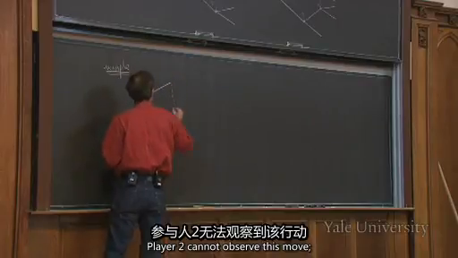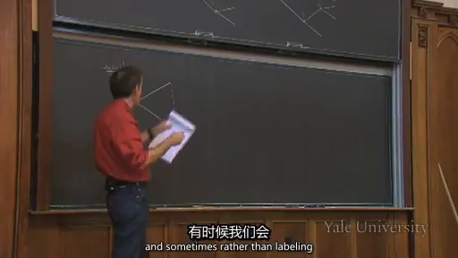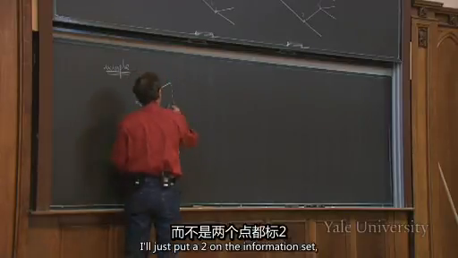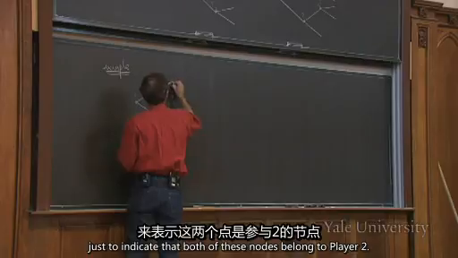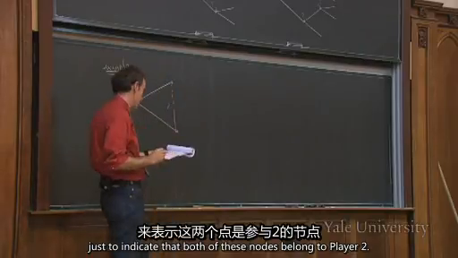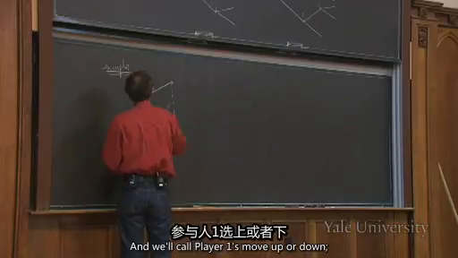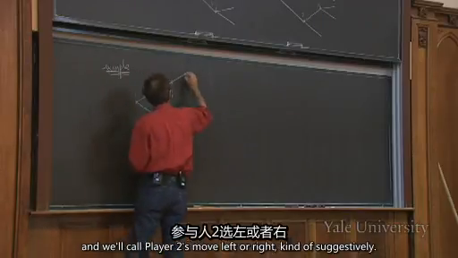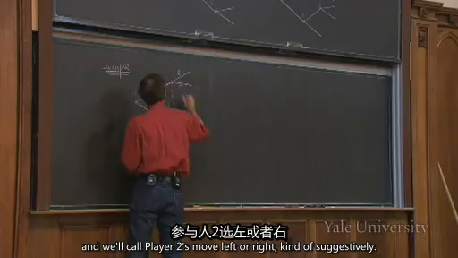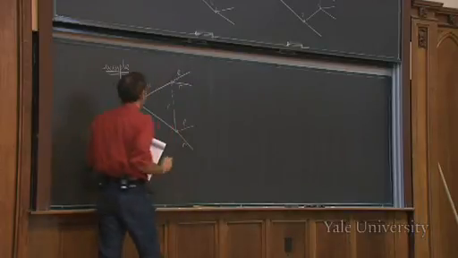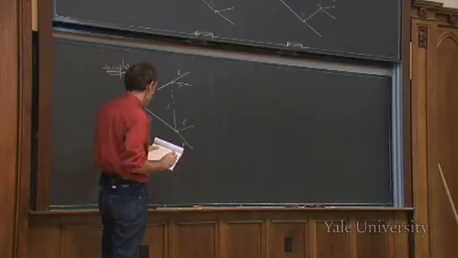Player 2 cannot observe this move, and sometimes, rather than labeling both of these nodes with a 2, I'll just put a 2 on the information set, right, so just to indicate that both of these nodes belong to player 2. So player 2 moves second, and we'll call player 1's move up or down, and we'll call player 2's move left or right. Kind of suggestively, left or right. Okay.